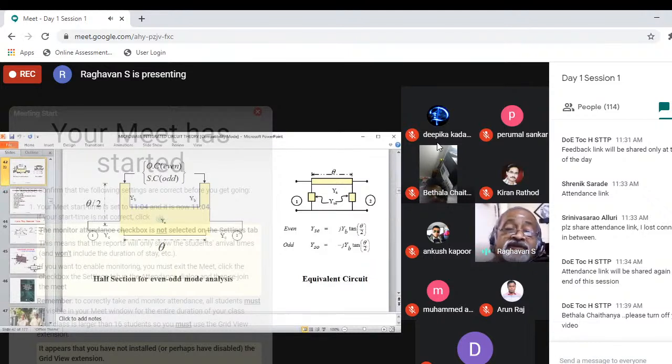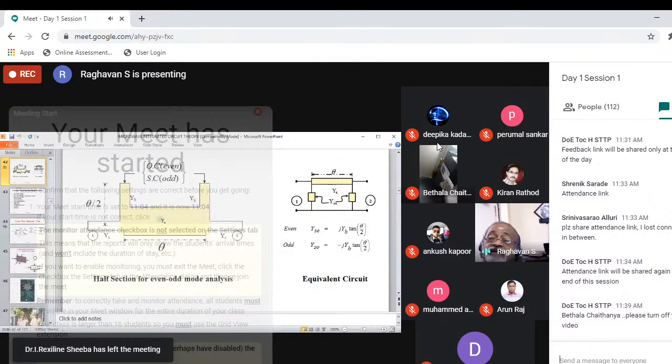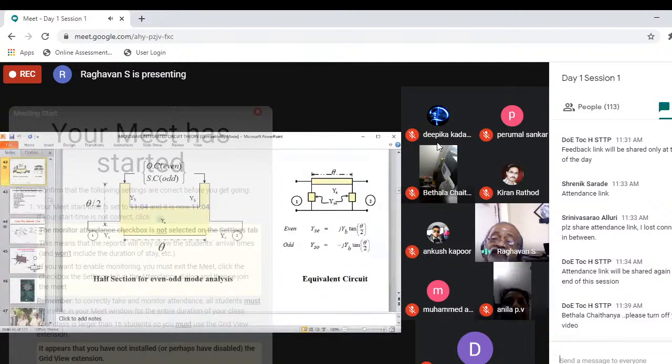Then get the effective ABCD parameter, get everything. So you should be able to find the impedance of each shunt arm and series arm. Once you find the impedance, you can easily get the width value and the length value. So everything you should design from scratch.